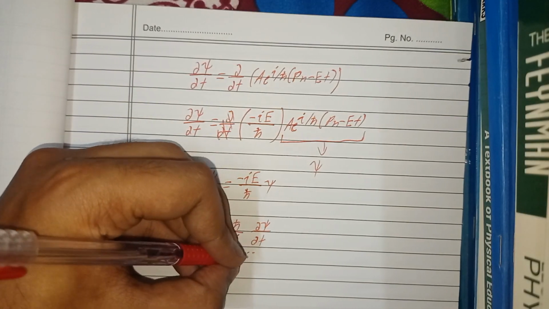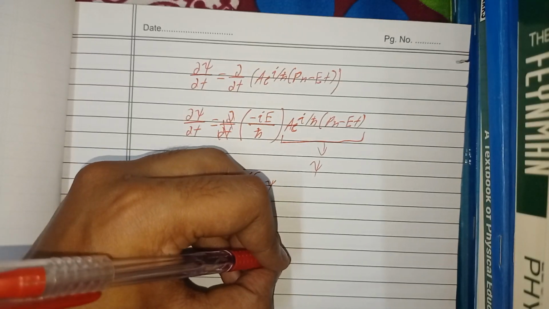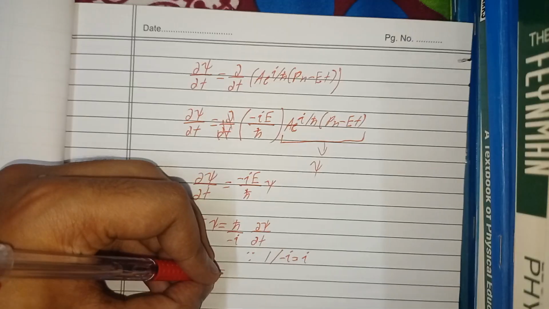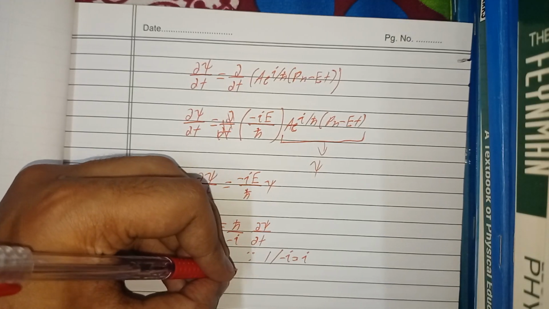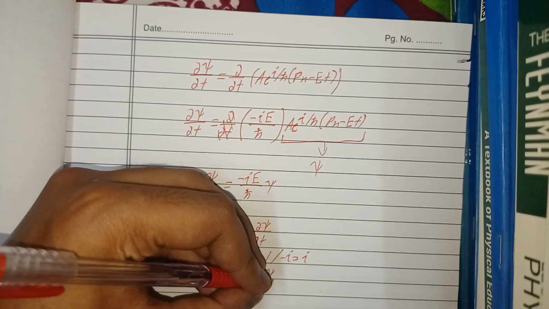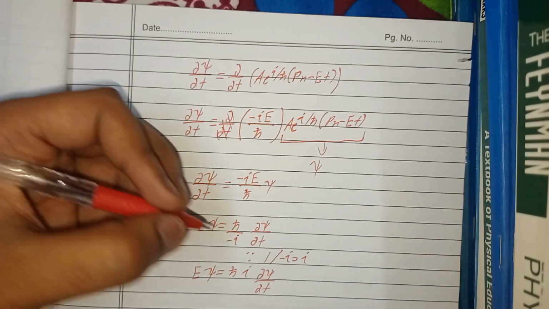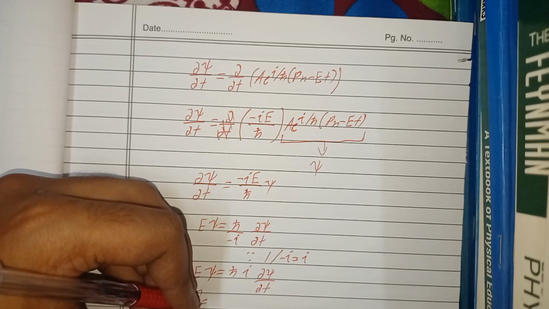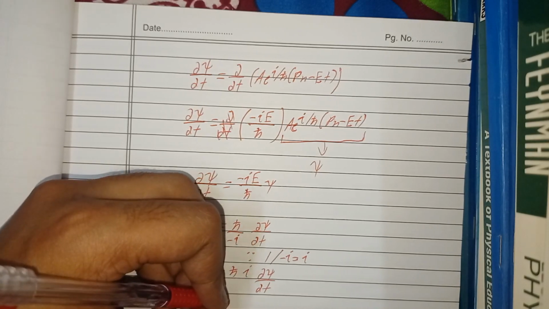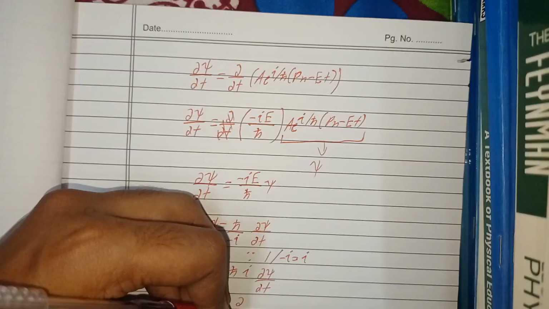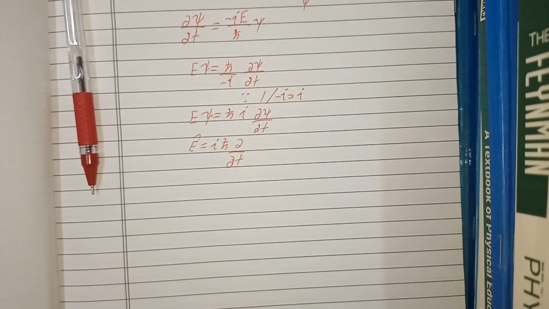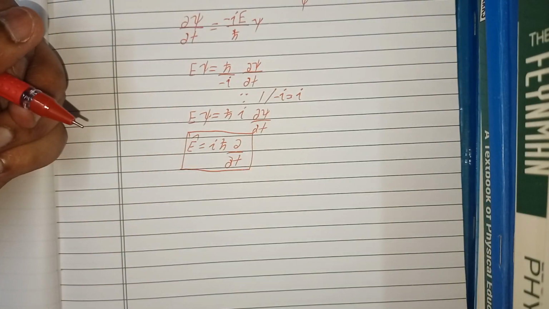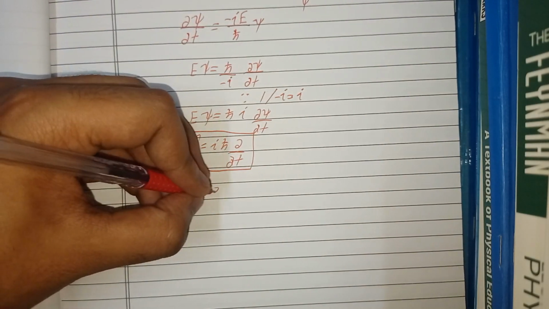Since we know that 1 upon minus i is i, the energy wave function will become this and this, and removing the wave functions we get the energy operator, which is iota reduced Planck constant partial derivative with respect to time. This is the energy operator.